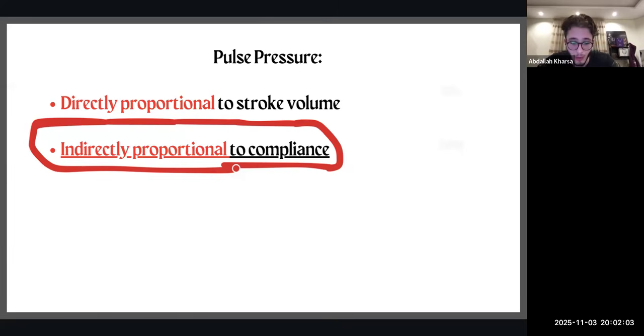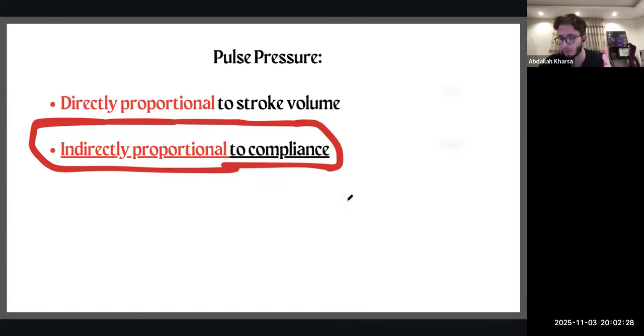Perfect. If we had a vessel with higher compliance than another one, it's going to end up having a lower systolic pressure. Why?